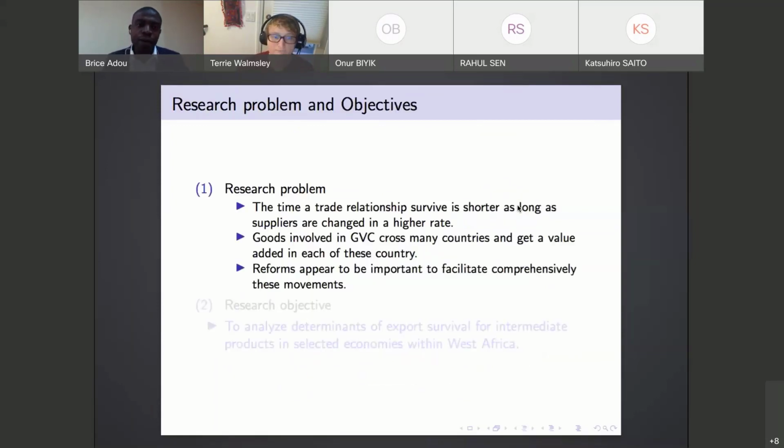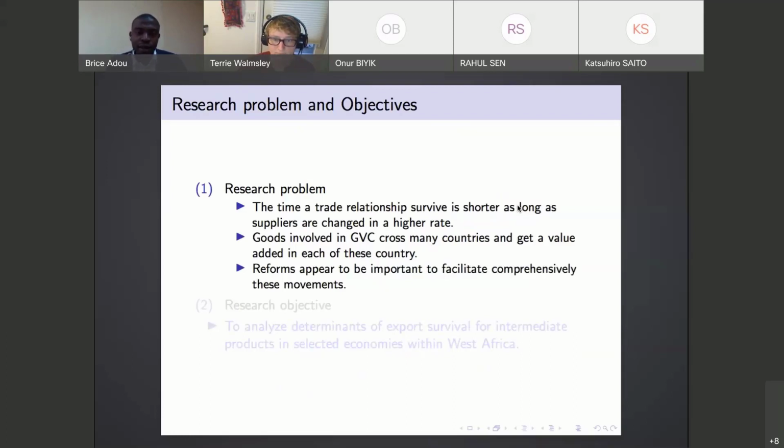Here we also notice that the time a trade relationship survives is shorter. Basically, the trade relationship between two partners has reduced a lot.